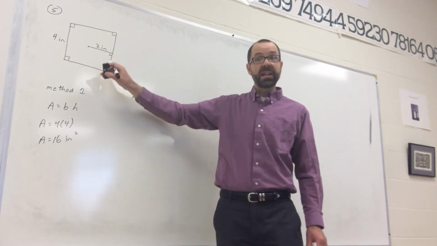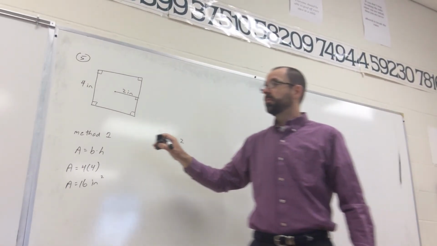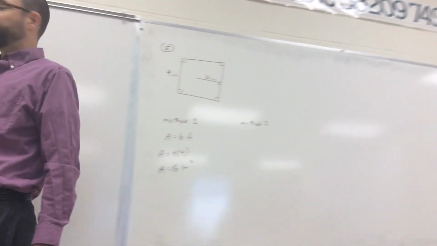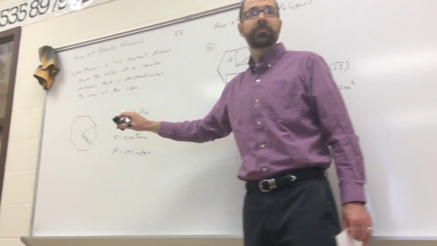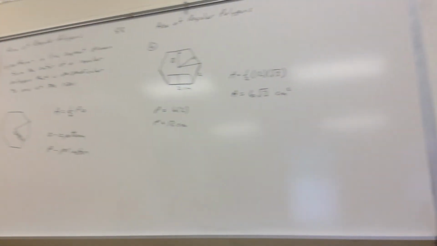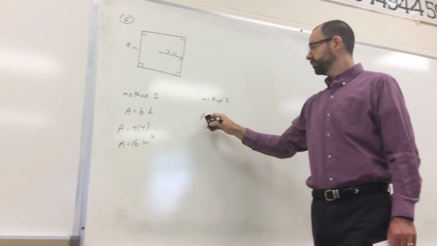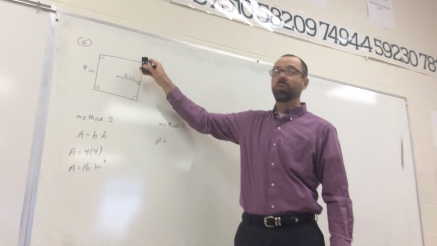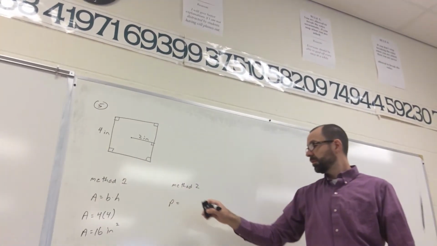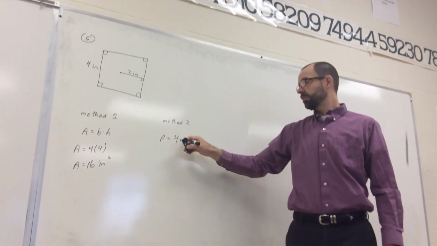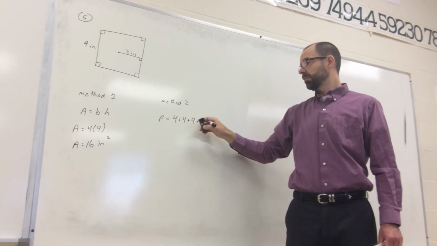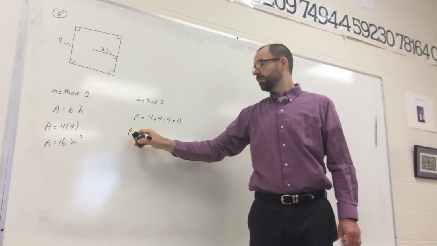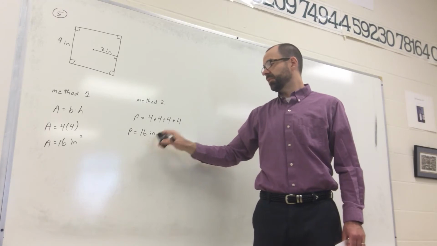So since this is a regular polygon, we could use the 1/2 PA formula to find the area. So I'll start off with the perimeter. And the perimeter is just 4 plus 4 plus 4 plus 4. That comes out to 16 inches.